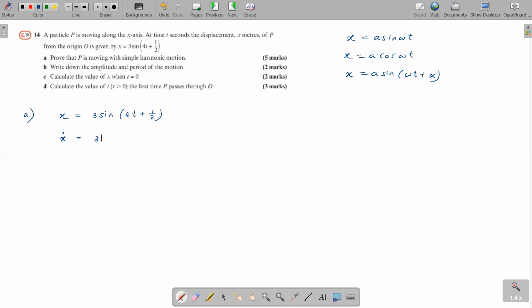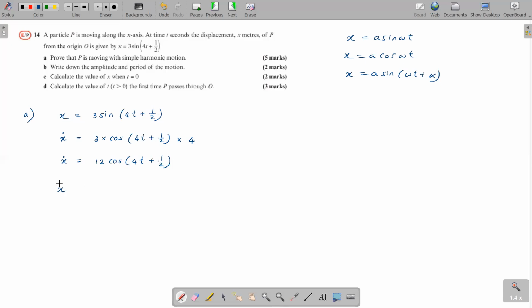Differentiating 3 sine gives cos, so 3 cos (4t plus half), and by the chain rule we keep differentiating: 4t differentiates to 4. So x dot is 4 into 3, that's 12, cos (4t plus half).